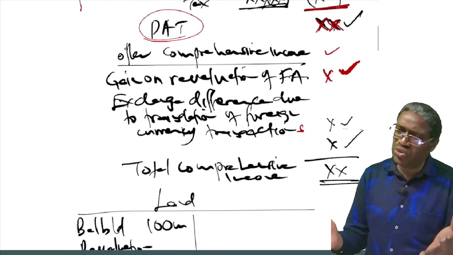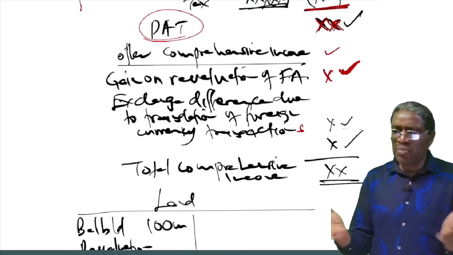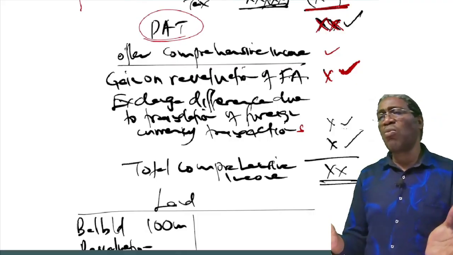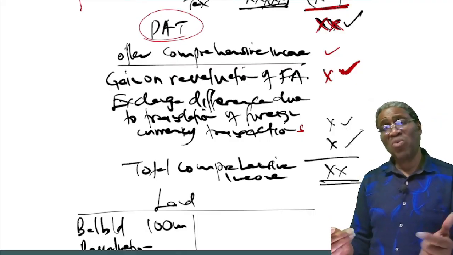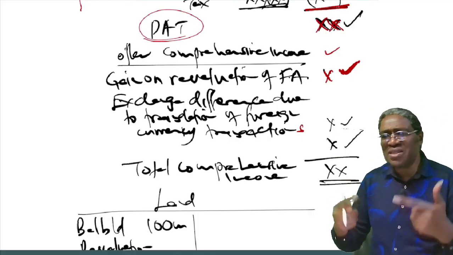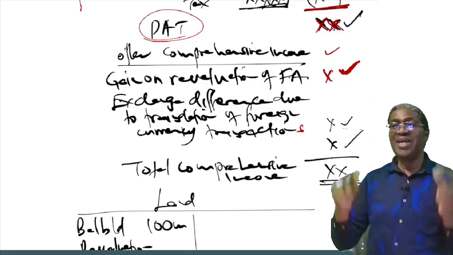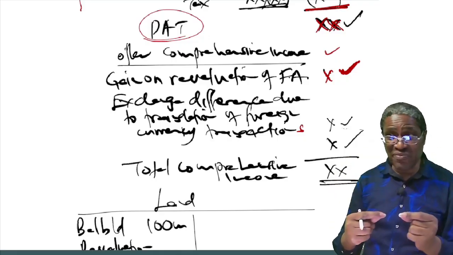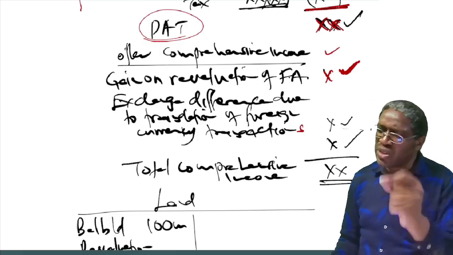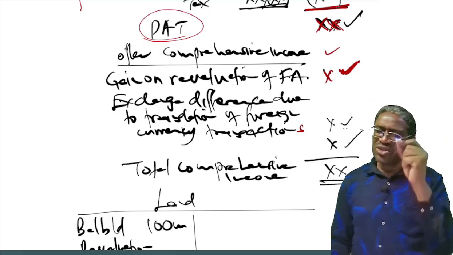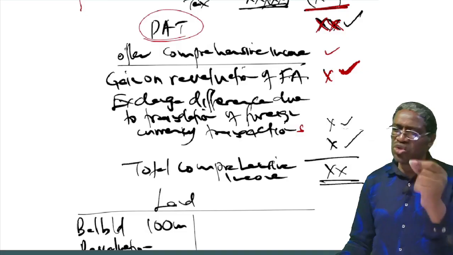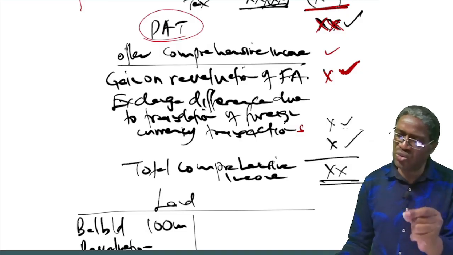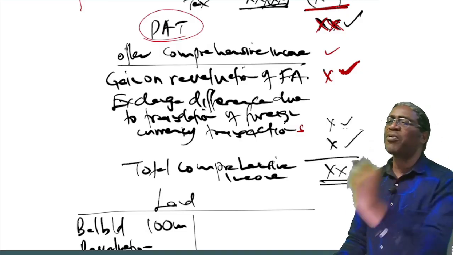And of course, I told you, listen, in simple terms, what are other comprehensive incomes? We said these are gains that your business could have made, but the rules of accounting for that gain does not require you to take that gain to the profit or loss.